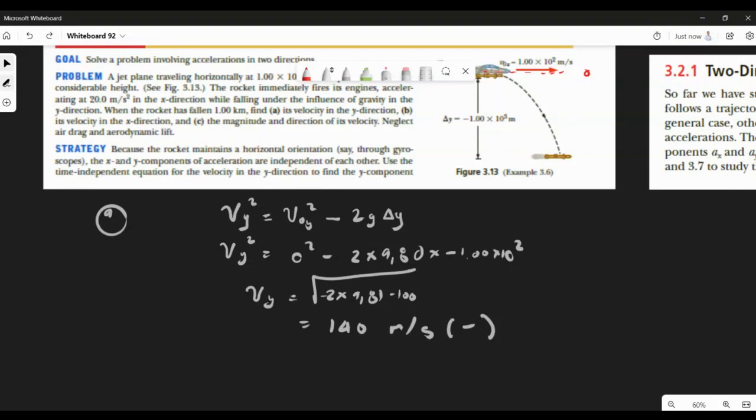I'm just going to check the book quickly. What is the answer there? It should be 386. It should be quite fast.